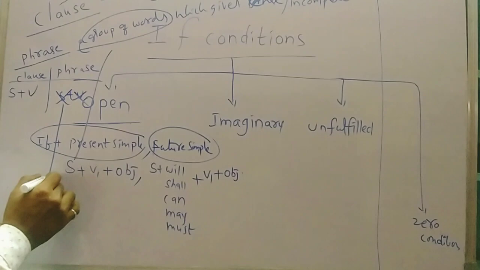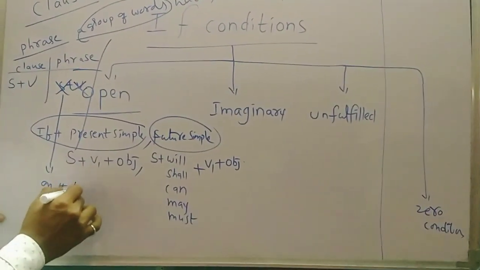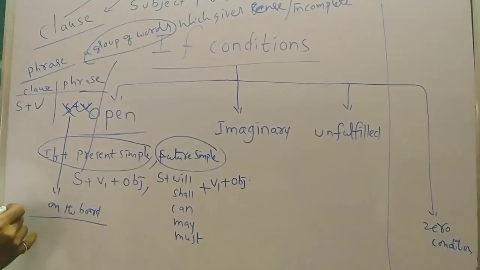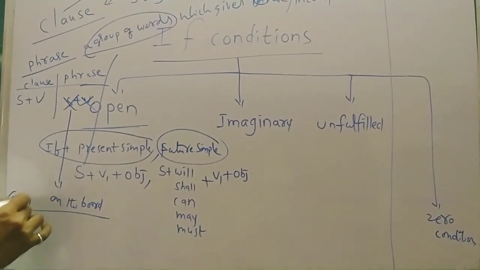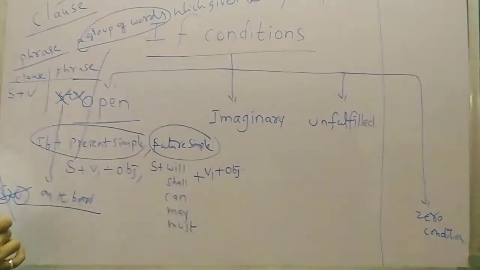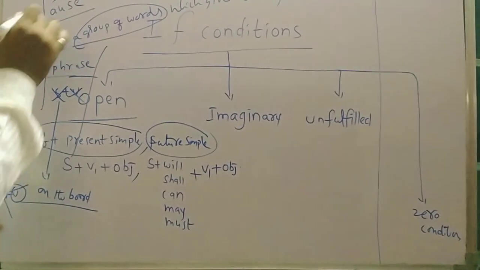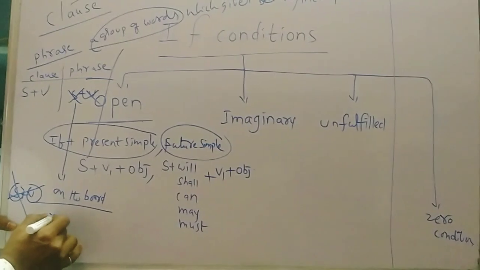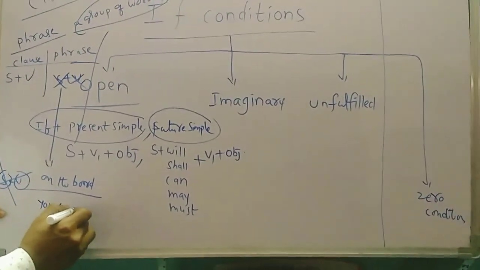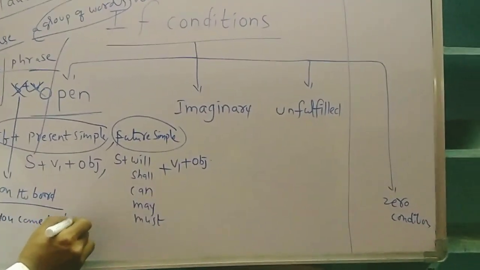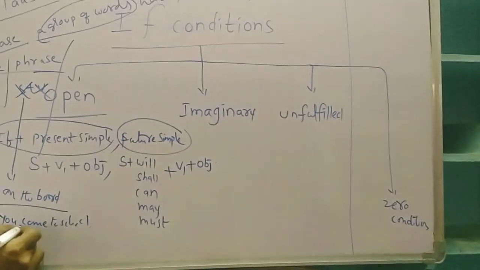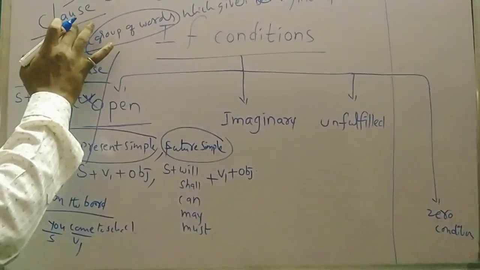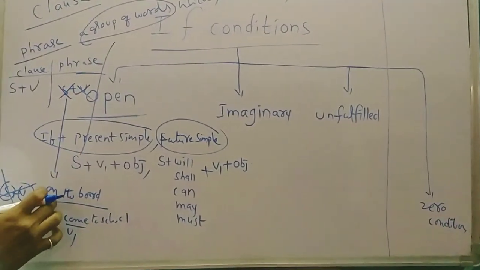For example, "on the board." If you take this phrase, we don't have any subject and verb, so it is not a clause. Whereas a clause, if you take, "you come to school." Here we have subject and verb, so it is a clause.